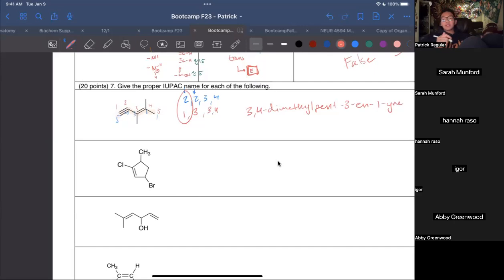You might be thinking, Patrick, didn't you just say that alkenes take priority over alkynes? Yes, they do if it's a tiebreaker. If you had to pick between the two, pick alkene. But in the actual IUPAC, they're at the same level. If one of them, alkene or alkyne, gets the lowest number, that's the one you want to go with.